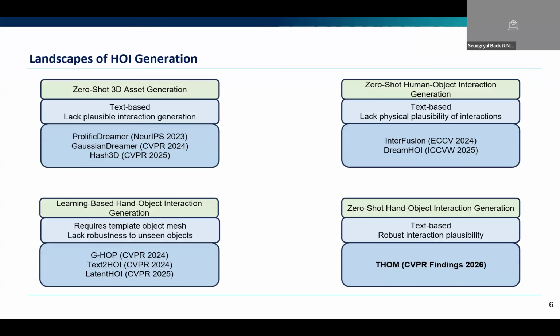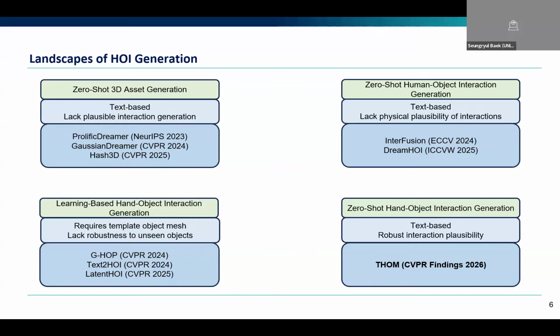I pick four fields that are related to HOI generation. The first one is zero-shot 3D asset generation, which is a very general task.